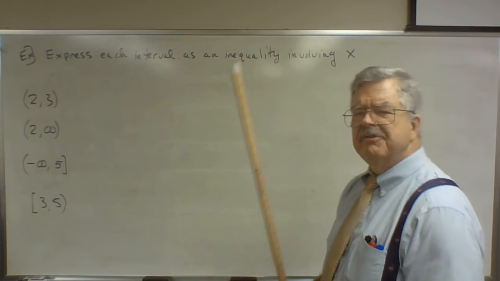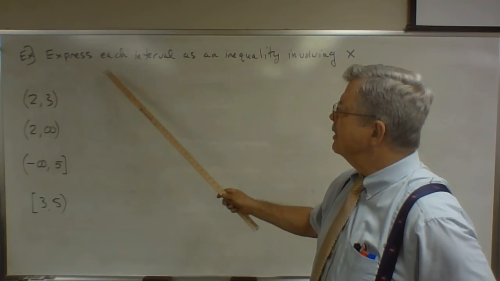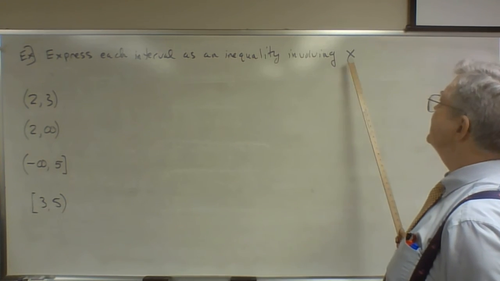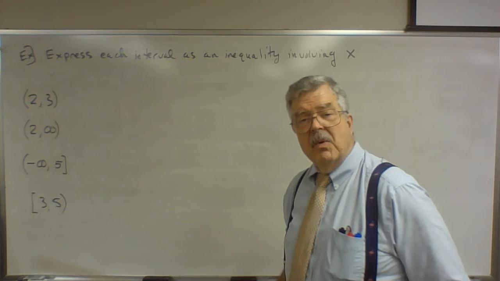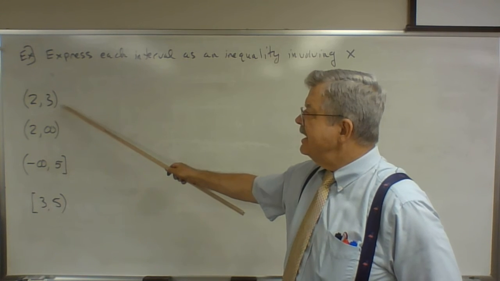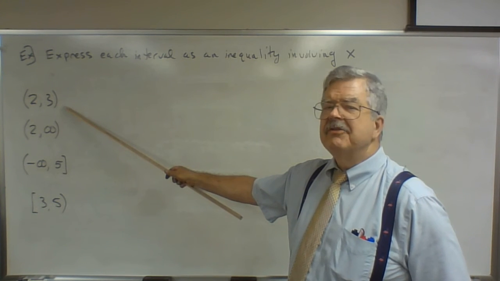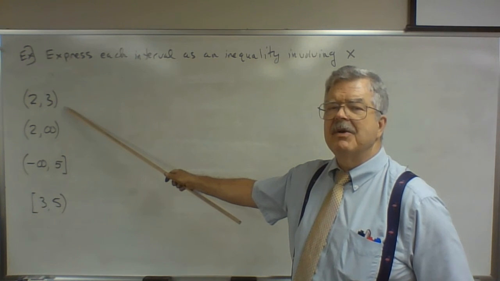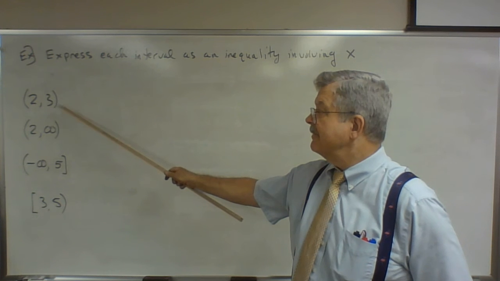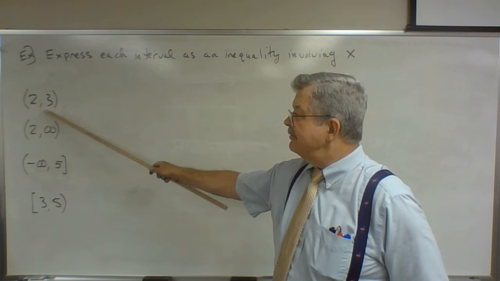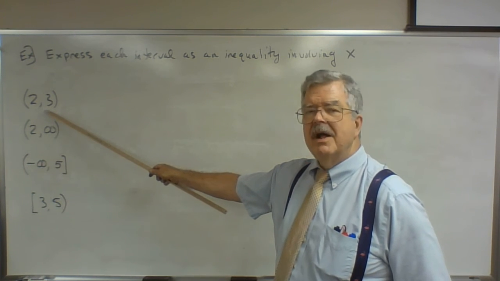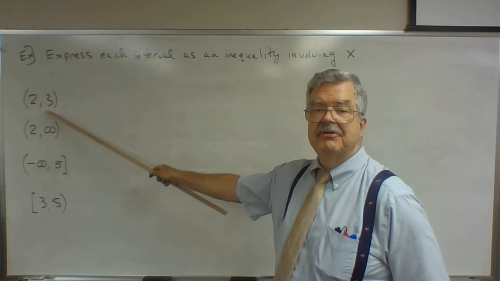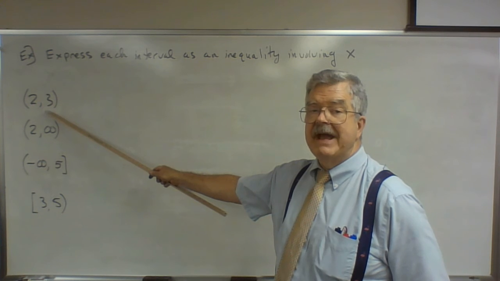We have some exercises in our homework that are worded this way. Express each interval as an inequality involving x. What they're really saying is each interval is the interval notation of the solution set involving an inequality in terms of x. So this represents an inequality in terms of x, or this represents the solution set of an inequality in terms of x.